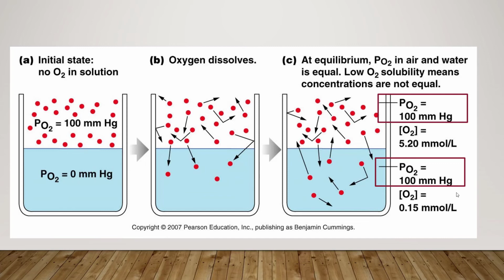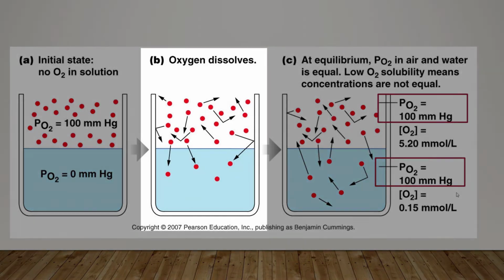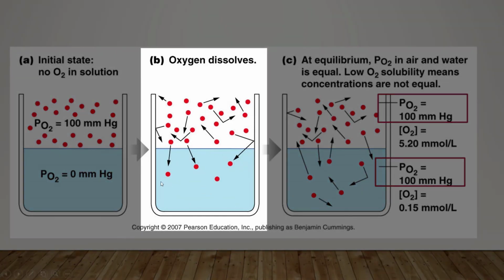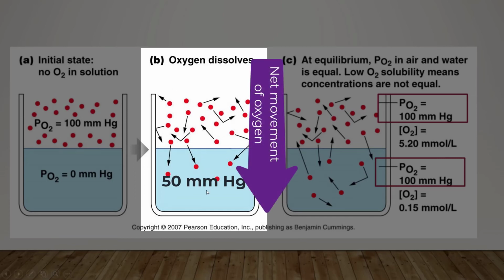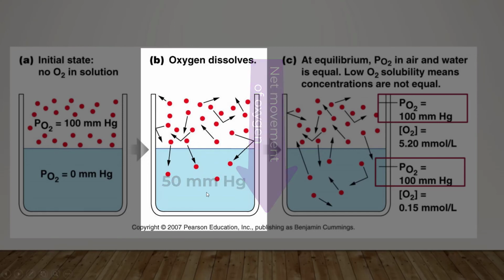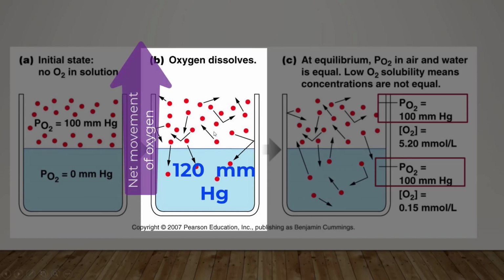All it's saying is, relative to the air, are we lower, are we higher, are we the same? Let us say in this image here, the middle fluid, I tell you that the partial pressure of oxygen is 50 millimeters of mercury, and it's 100 up here. That would tell you that oxygen is still diffusing into the fluid. If I tell you that this number down here is 120 and this number is 100, that would tell you oxygen's moving out of the fluid into the air.